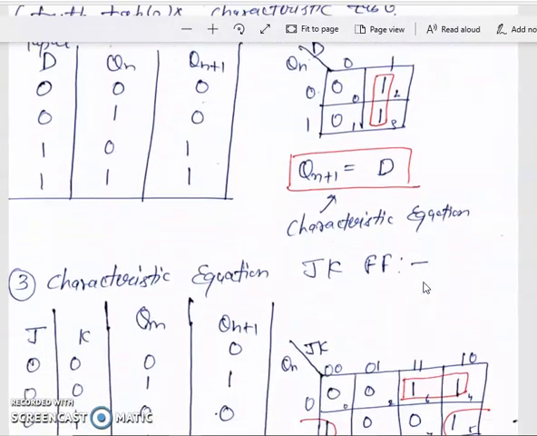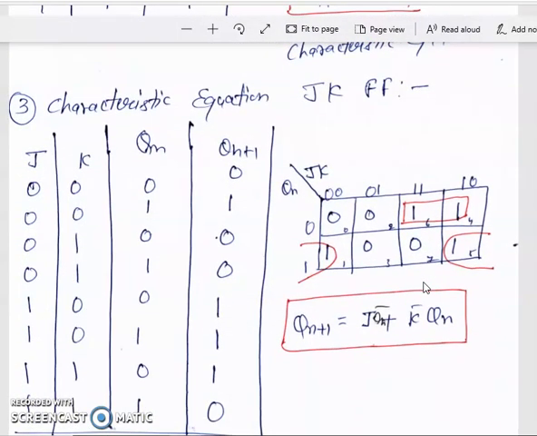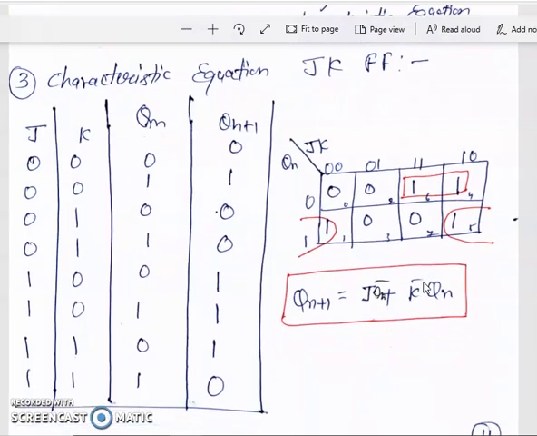Next, move to the characteristic equation of the JK flip-flop. Right here is the JK flip-flop characteristic table. Students, if you do not remember the characteristic table, first write the truth table in the rightmost corner and construct the characteristic table using the truth table. The inputs are J, K and Qn, the present state, and Qn plus 1 is the next state.